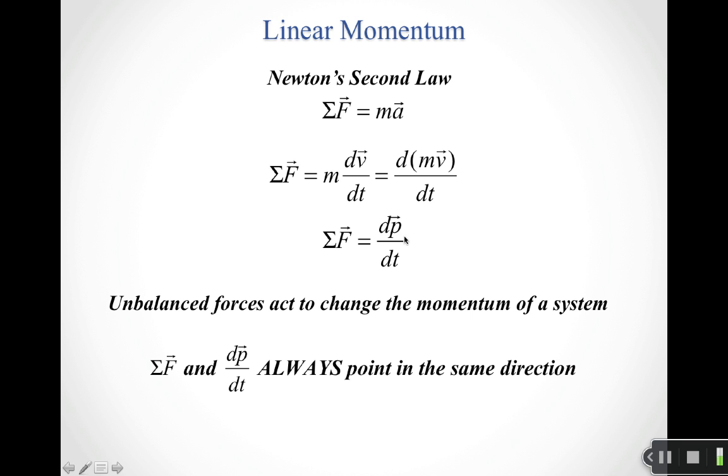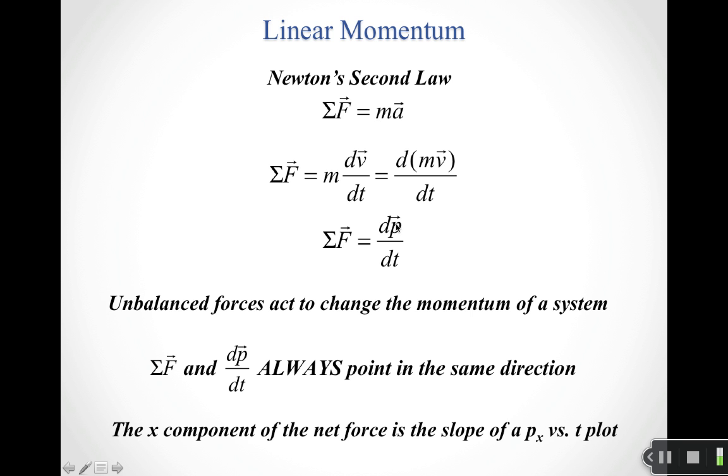The net force and the time rate of change of momentum always point in the same direction, in the same way that we said the net force and the acceleration always point in the same direction. And graphically, we understand how to read this now. This says that the net force is equal to the slope. We've got a derivative equation, so it's the slope on a momentum versus time plot.